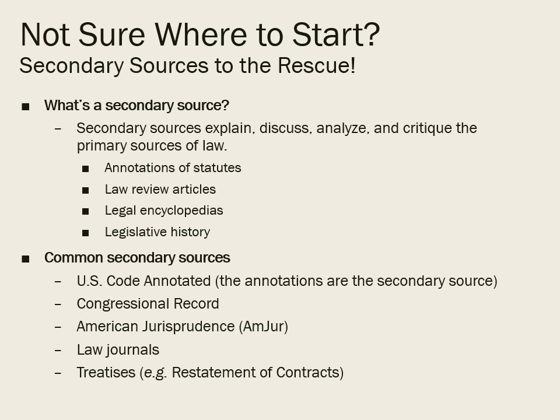The most common secondary sources are actually the annotations from the U.S. Code Annotated. Also the Congressional Record, where you can find all of the legislative history of federal laws. American Jurisprudence, or AmJur, which is a respected legal encyclopedia. And then various law journal articles and also treatises such as a Restatement of Contracts.